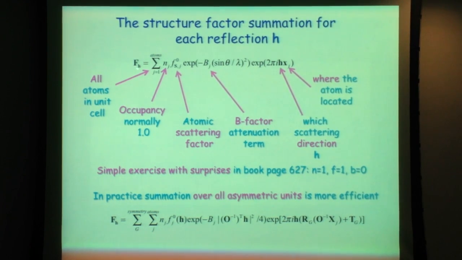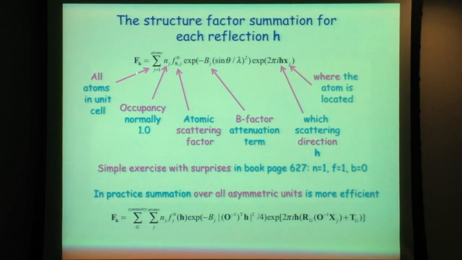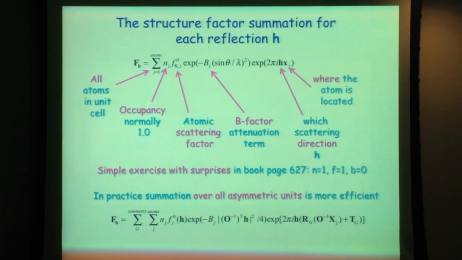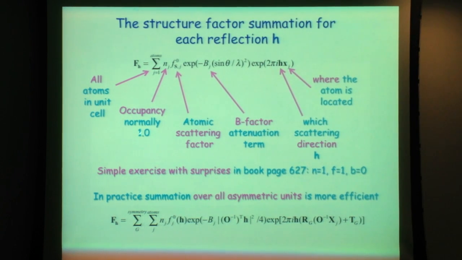We can calculate for each reflection, H, a structure factor, and the components of that structure factor, although we haven't explicitly stated it, we've been just assuming that the structures we're talking about are orderly, but there could be a fractional occupation number, something less than 1, greater than 0 and less than 1. If, for example, there are 2 different conformations for the atom J, or 3, then the n value might be 0.5 or 0.3 or something like that.